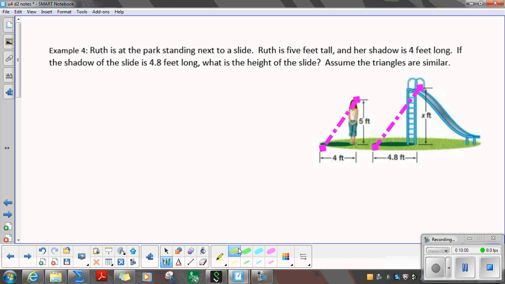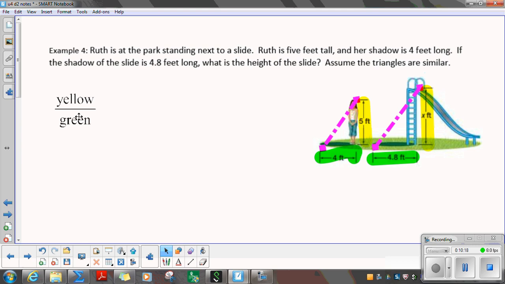So now I'm going to compare it. I'm going to compare the height, which I'm going to do in yellow, the height of each of them, to the shadow, which I'm going to do in green, because it's on the grass. Okay? So that's what I'm going to compare. The height, which I did in yellow. I should probably just write that over here somewhere.